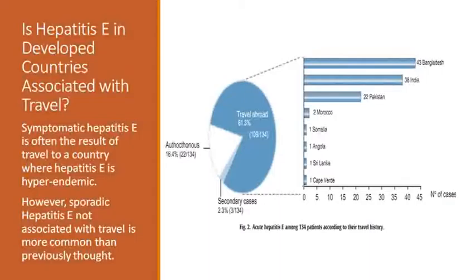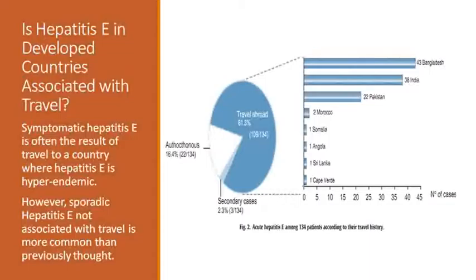However, sporadic hepatitis E, which is not associated with travel, is more and more commonly described recently, and this slide actually shows some data from Italy where approximately 81% of the cases of hepatitis E were travel associated, to hyperendemic areas, and only about 16.4% were autochthonous cases.